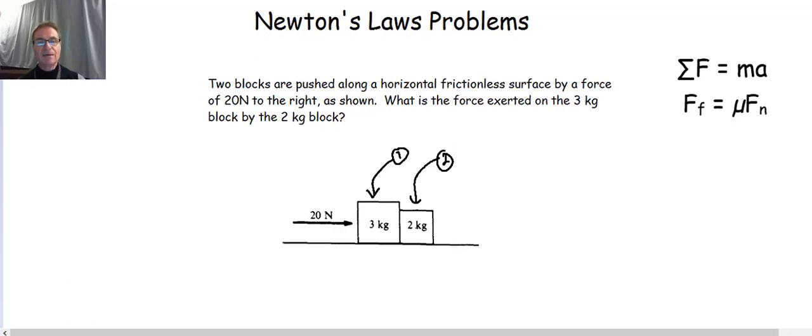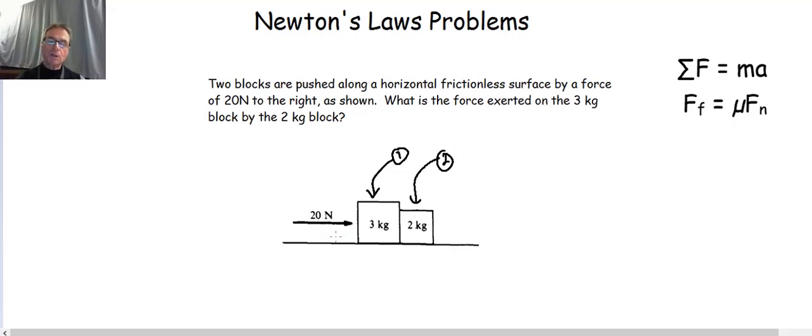Because anytime we have a Newton's laws problem, what we want to do is identify all of the objects in the problem, and then draw free body diagrams or identify all the forces that are on each one of those objects. So for the 3 kilogram block, we have the 20 Newton force that is acting to the right.